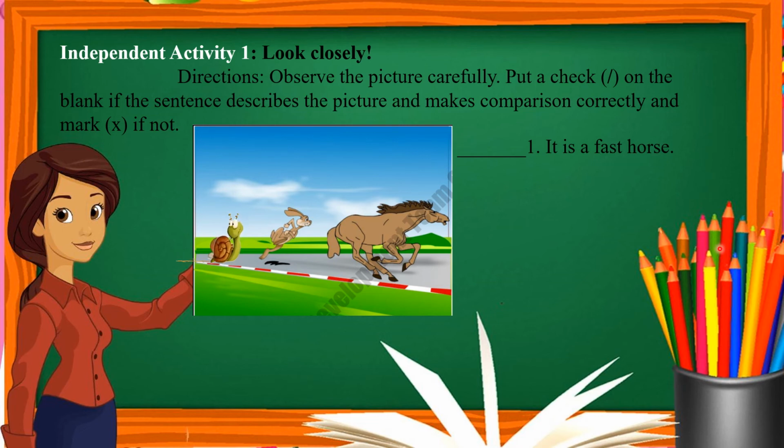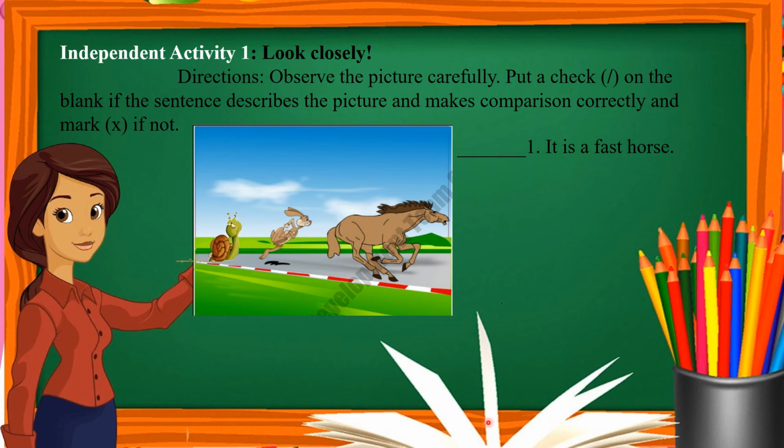It is only 1 to 5. You will put a check if the sentence describes the pictures with correct comparison. If it is not, just mark it with X on the blank.